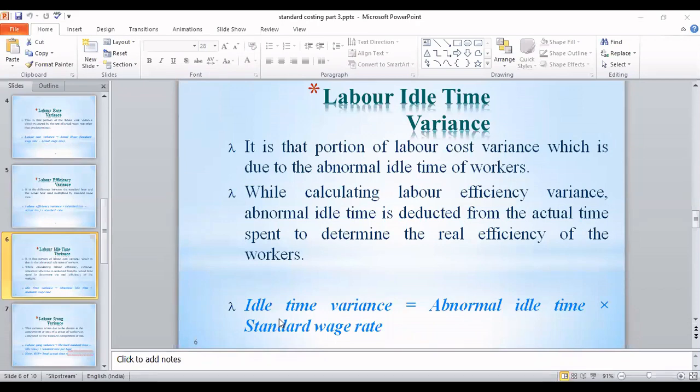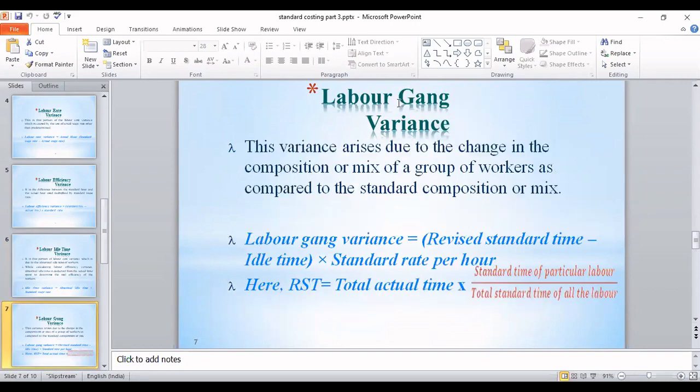Okay, then the next one is called labor gang variance, also called labor mix variance. See, beta, for completing any task you may require different types of labor.